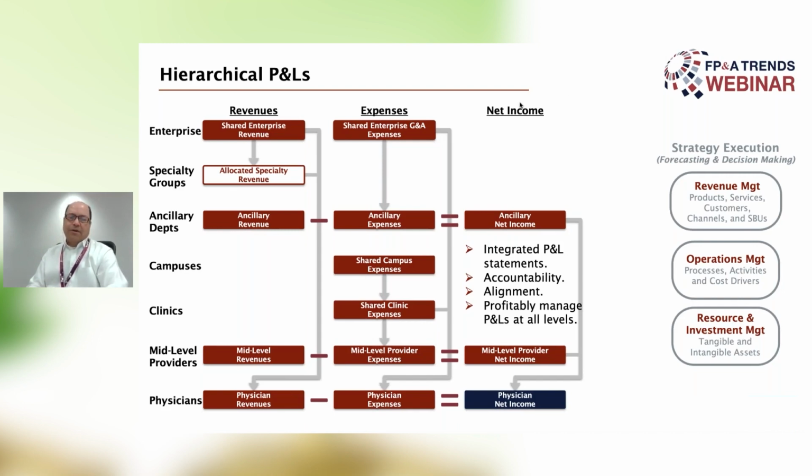And then we develop a feedback mechanism or a reporting mechanism which enables individuals and teams to manage their own performance and profitability. We provide that feedback to them on a monthly basis so they can see how their activity is actually affecting the performance and profitability of their scope of responsibility.